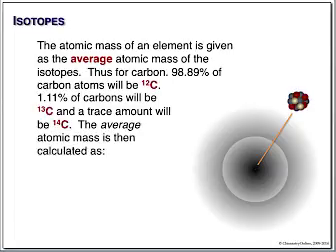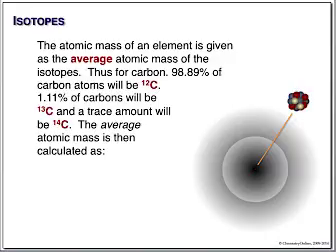We know that of all the carbon on Earth, 98.89% has a mass number of 12. 1.1% has a mass number of 13. And a teeny, teeny, tiny trace has a 14.